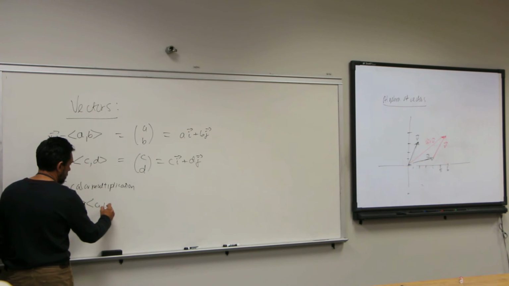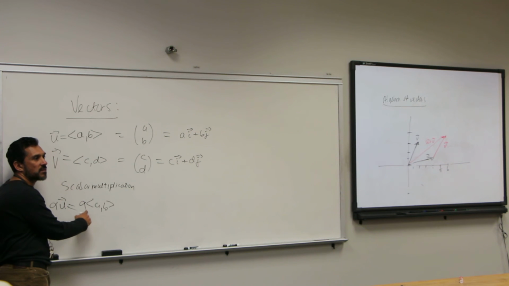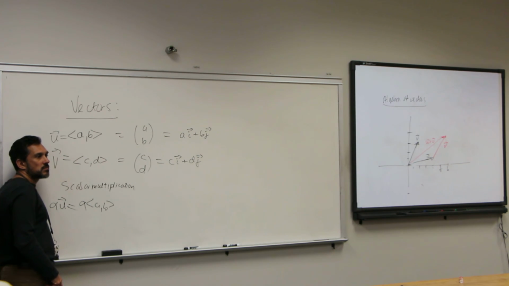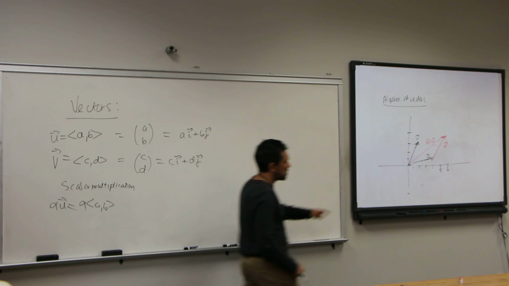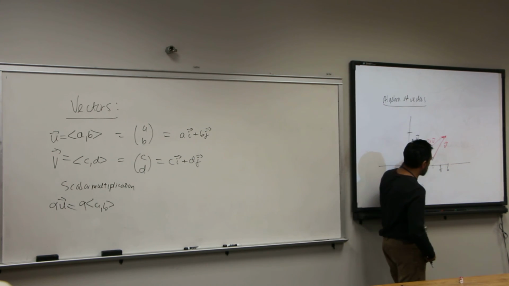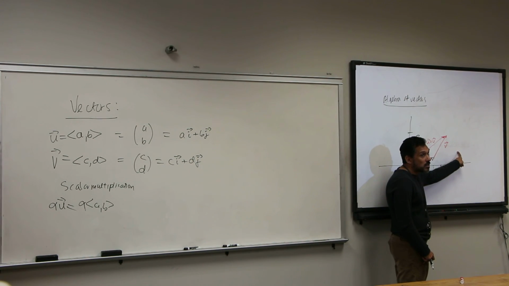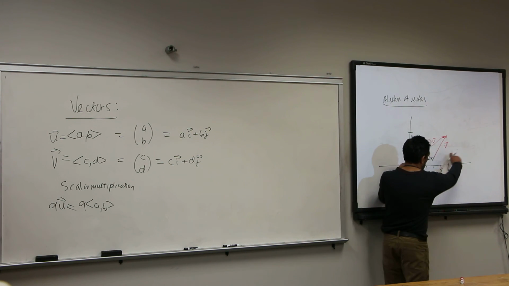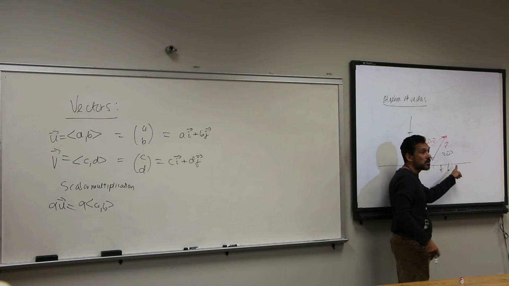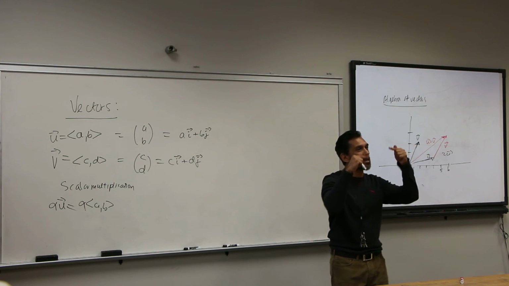Take that vector and multiply it by alpha. And here, if I go (1, 4) and I multiply it by 2, I end up with (8, 2). That is, I take the components and multiply them by 2.